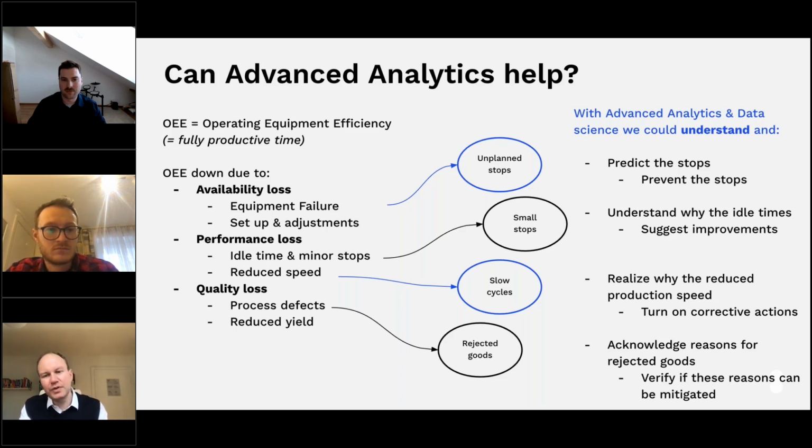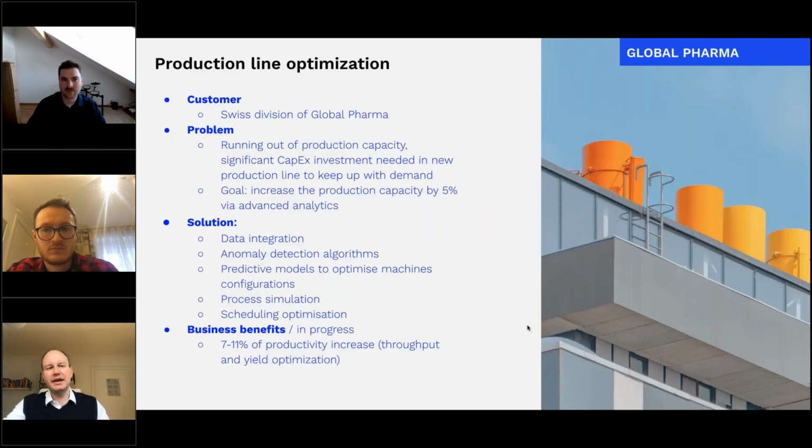And we actually had a very specific use case where we applied these principles. That's the case of a production line optimization that we conducted for a global pharmaceutical company and for one of their Swiss operations. And it was a case of tablet production.